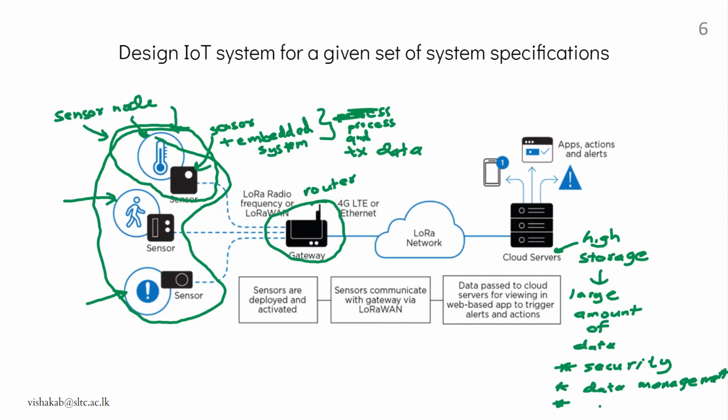Apart from that, we also have the ability to analyze the data and make future predictions using the cloud server applications that are available. We can get some useful information about the IoT network through that.